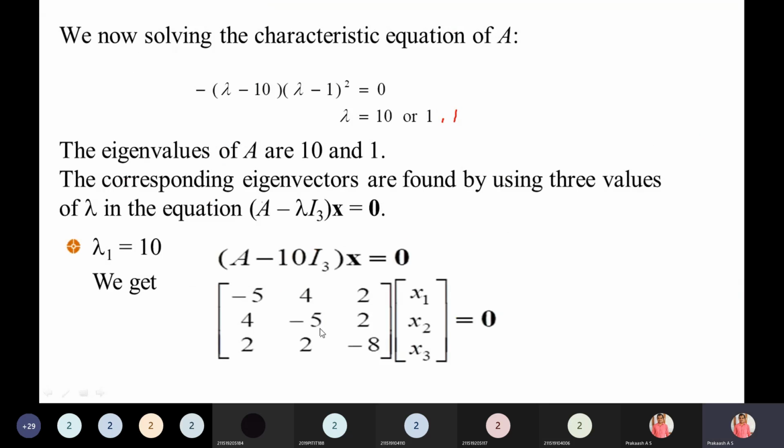So from that, all rows are different. How will you find it? It is very simple, using the leaving column method. Leaving column method, x1 by, equal to minus x2 by, equal to x3 by, shortcut method. So I take first and second rows.